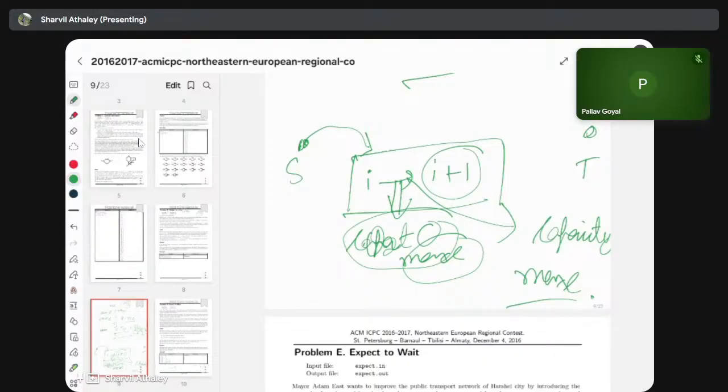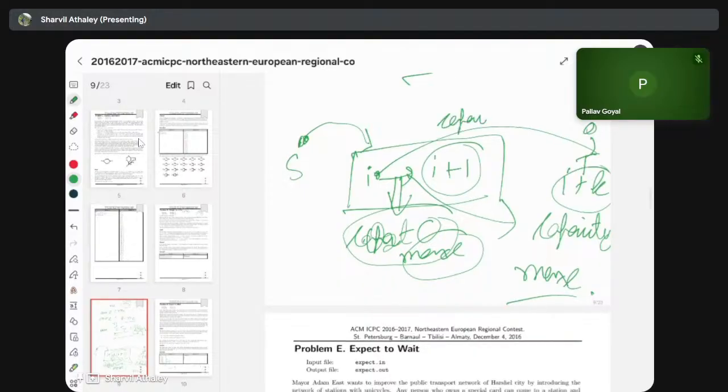Also, from i to i plus k we can take a capacity of 1 by marking it as sleeping, with cost of minus delta i.